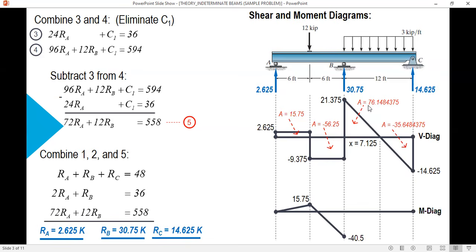And then we add this one, 76.1484375. Second degree. Okay, and the result is this. And then next is we subtract this area, negative 35.6484375. So the result is 0. So this means that our analysis or our solution is correct since the moment diagram closes.